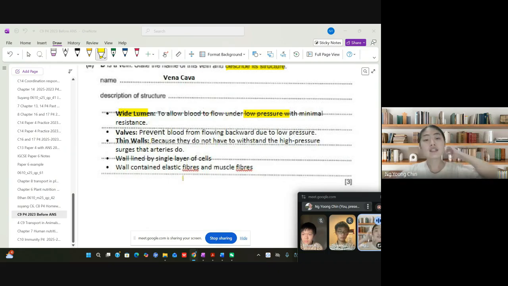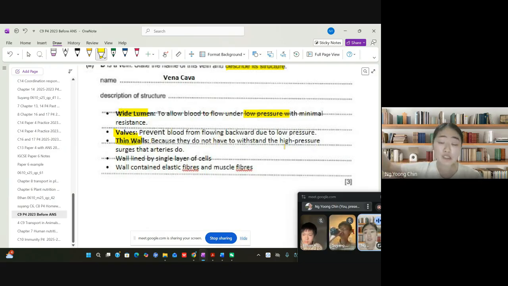Okay, and then you have a valve. A valve is only present in the veins to prevent the backflow of blood due to low pressure. So listen carefully to my sentence, this is a keyword you can use in the exam. And then veins have a very thin wall, so they cannot withstand higher pressure.